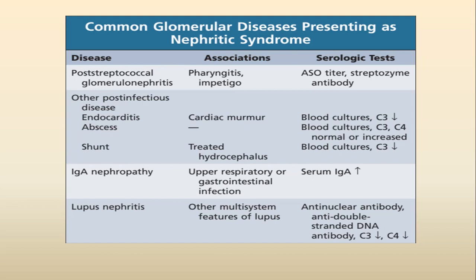SLE is a systemic disease involving multiple systems. When there is renal involvement, which we diagnose on the simple initial urine DR showing proteinuria, RBCs and casts in SLE patients, we call it lupus nephritis, meaning involvement of the kidney. Serology: antinuclear antibody, double-stranded DNA, and complement levels. C3 and C4 are low in lupus nephritis.